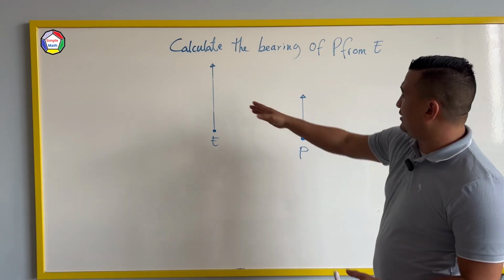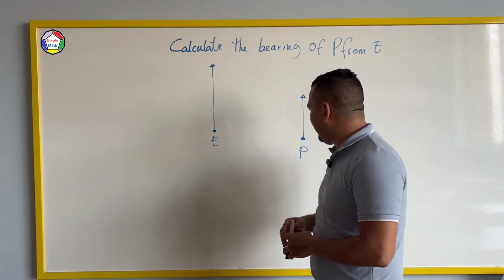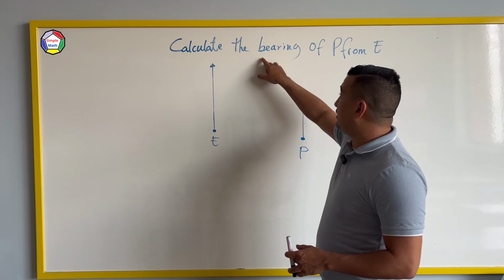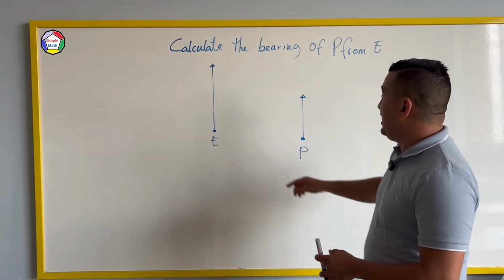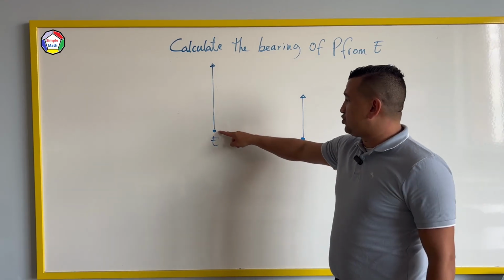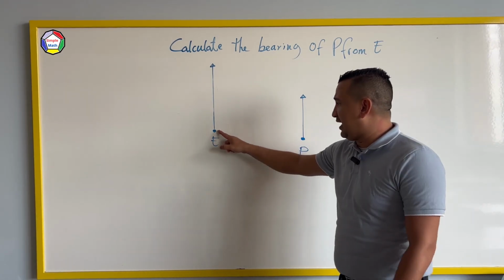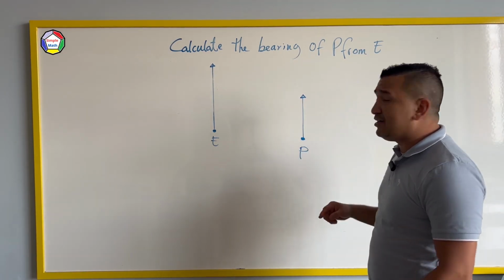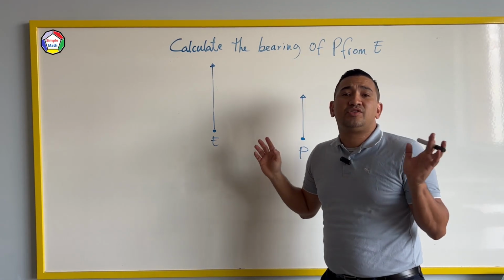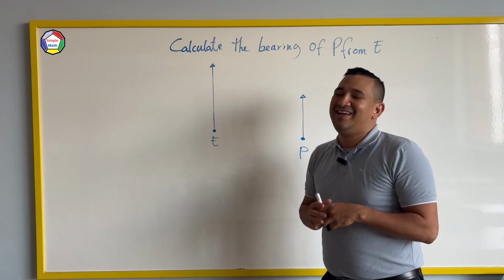So these are the two vectors that represent bearings. We need to get the bearing of one point from the other one. Here in the problem, we have two letters, the letter E and the letter P. And there are two points. Two points in the universe, two points in space. No, I'm kidding.